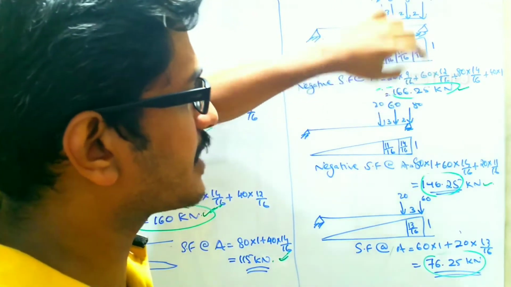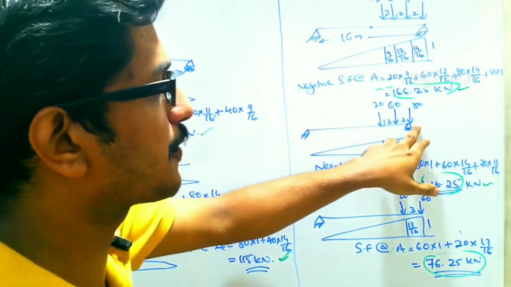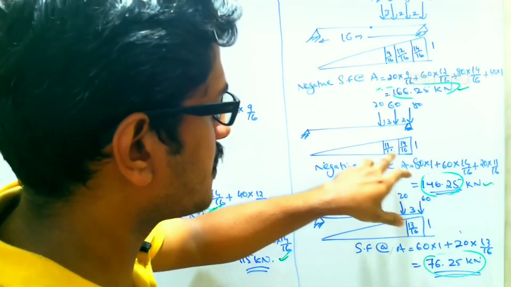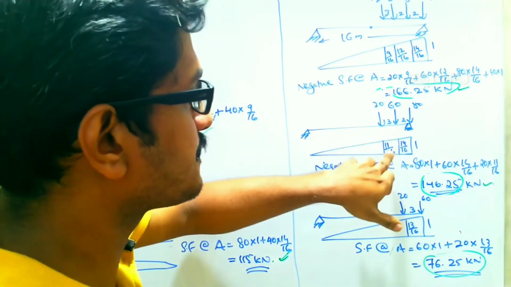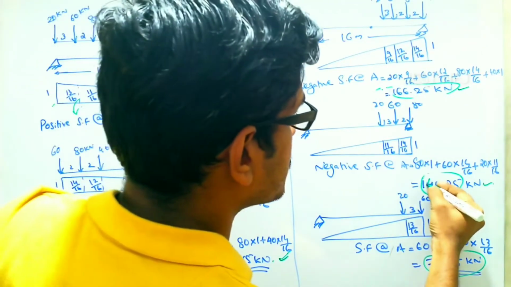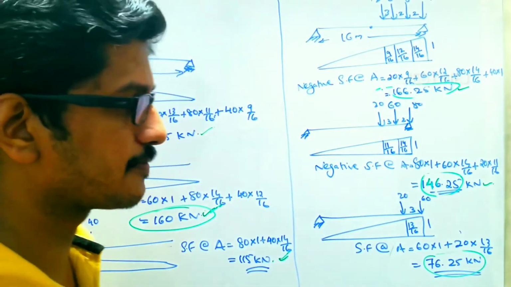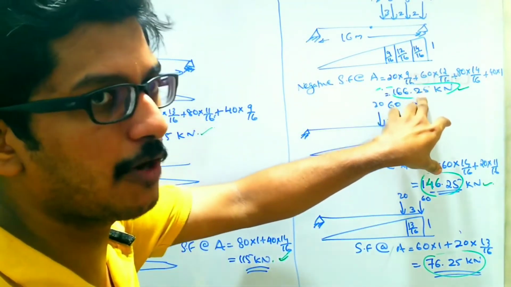Then you have to consider the second case, which means you put the 80 kilonewton over the support B. After using the similar triangle law, you will get the values 14 by 16 and 11 by 16. If you substitute the values, you will finally get 146.25 kilonewton. The value is decreasing; you only check the numerical value.